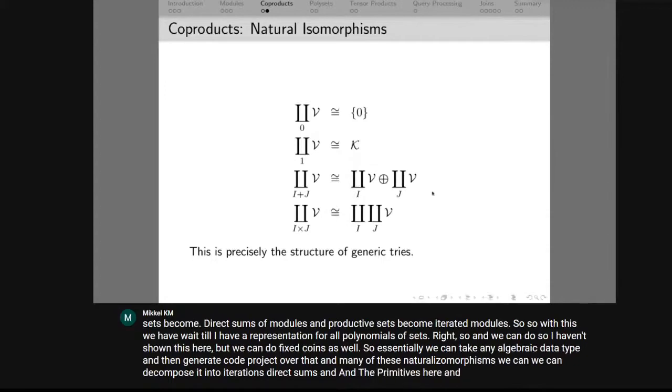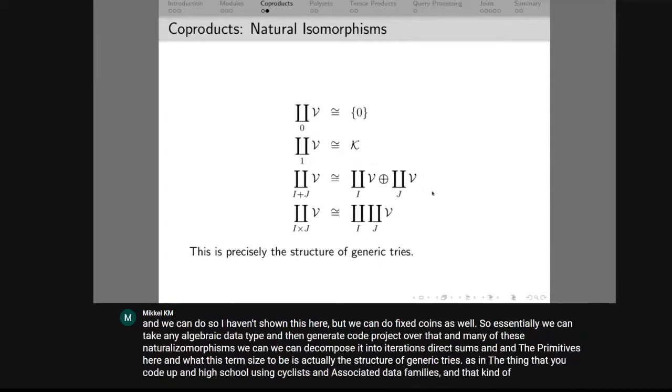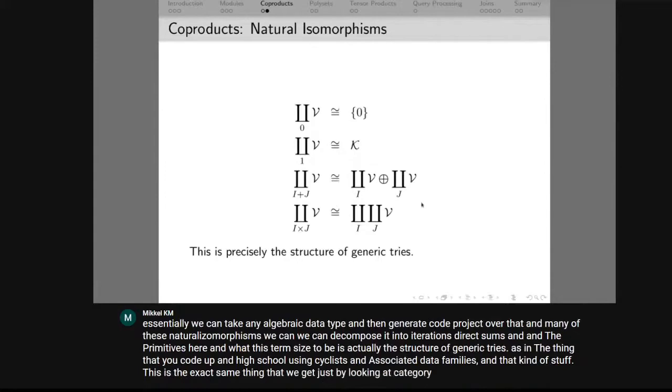And what this turns out to be is actually the structure of generic tries, as in the thing that you code up in Haskell using type classes and associated data families and that kind of stuff. This is the exact same thing that we get just by looking at category theory and natural isomorphisms.